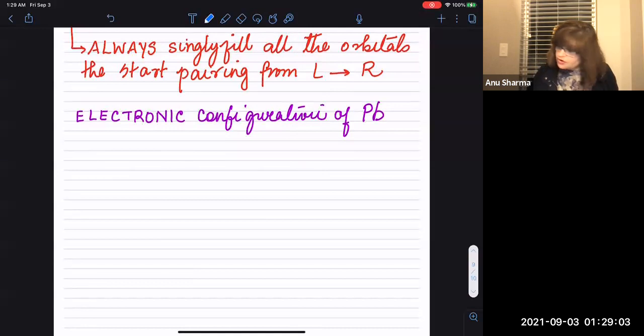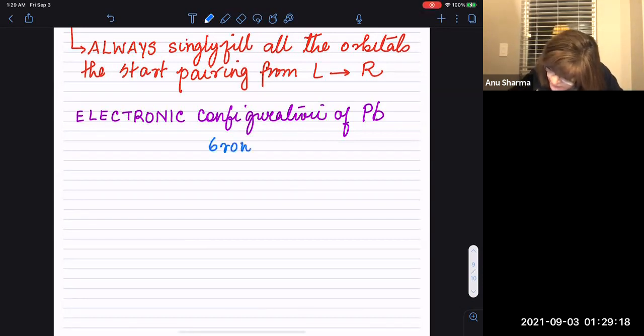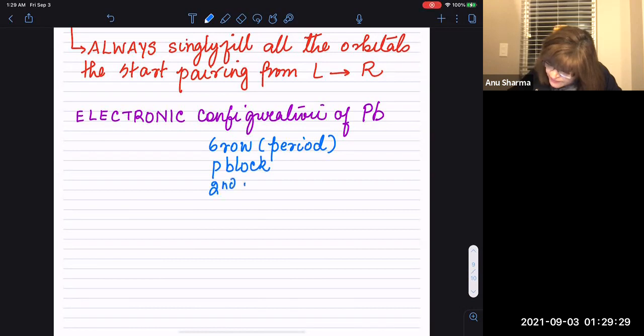Okay, lead. So where is lead placed? Lead is placed in the sixth row, and it is in the P block, and it is in the second column. So sixth period, P block, second column.